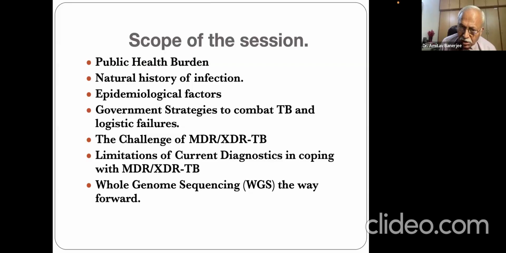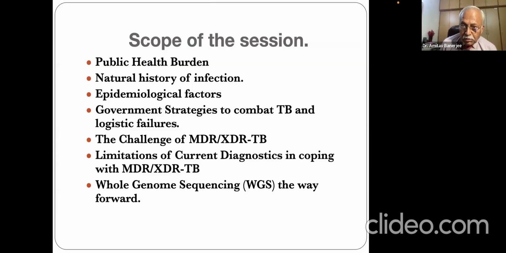And recent examples, case studies, how we had a problem of drug supply last year. And of course, when we talk of multi-drug resistance tuberculosis or extensive drug resistance tuberculosis, the early diagnosis of these resistant types is important.